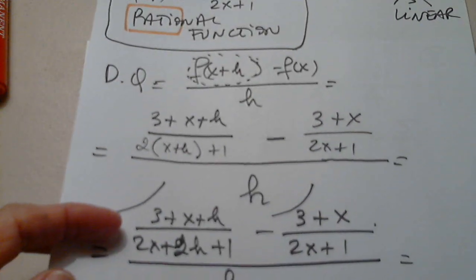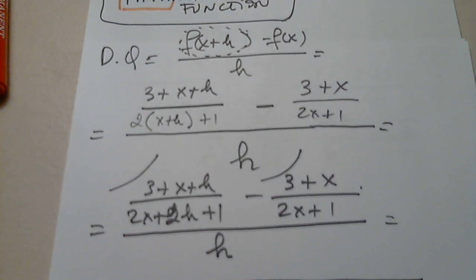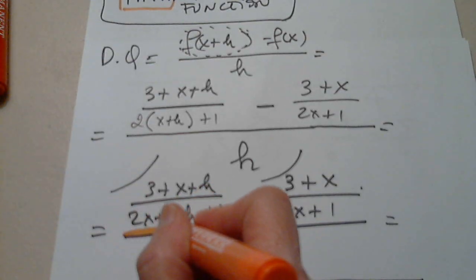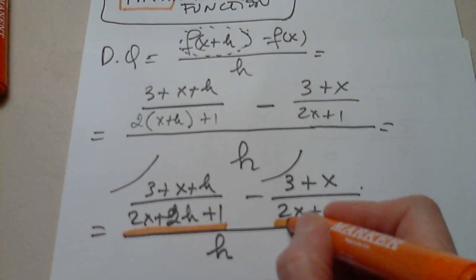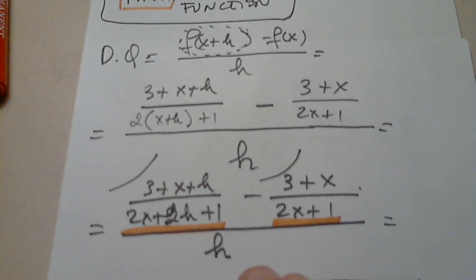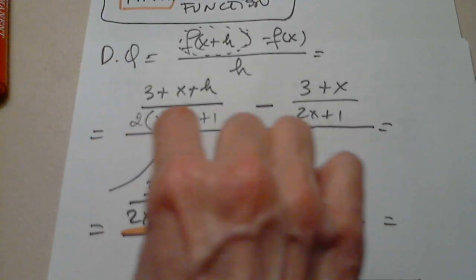In the same way here, I have to find the least common denominator. What is the least common denominator of 2x plus 2h plus 1 and 2x plus 1? I have to write it here and then the necessary adjustments.